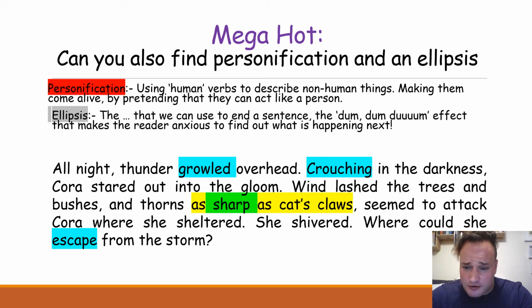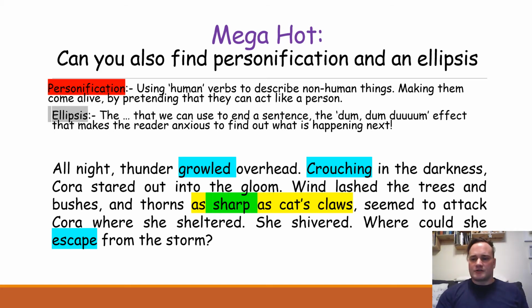So for Mega Hot, by this point, if you've printed off the model text, you will have 6 different colours here. You will have adjectives, verbs, adverbs, similes, personification, and an ellipsis or 2 if you can find them. Lots going on in a rainbow of a model text.